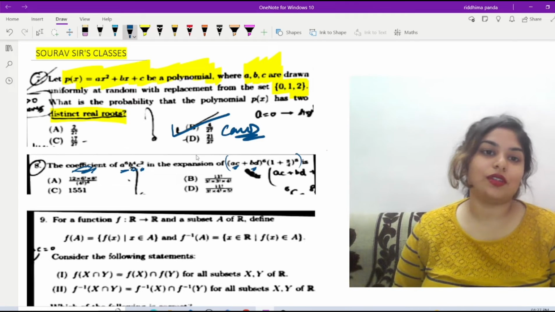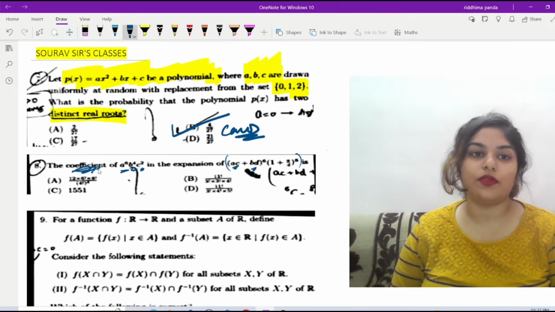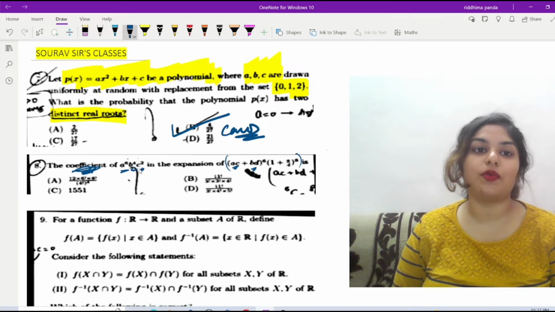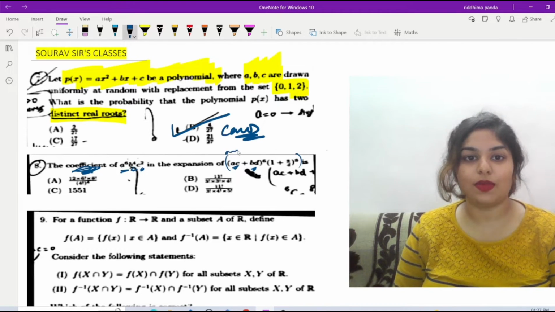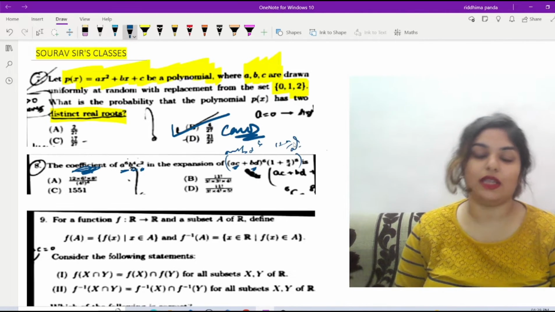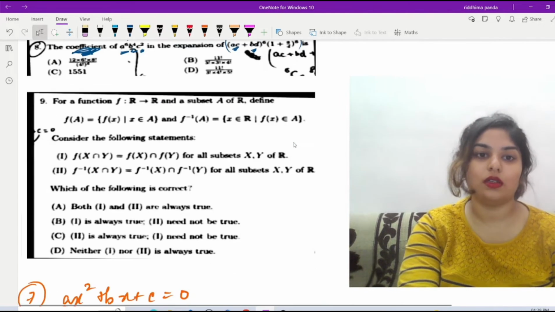So the next question in front of you is given that the coefficient of a to the power 6 b to the power 4 c square in the expansion of the following product. So this is (ac + bd) to the power 6 and (1 + a/d) to the power 8. So first let's write down the product.